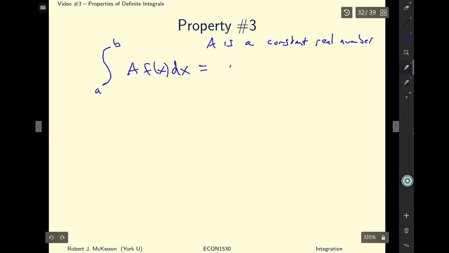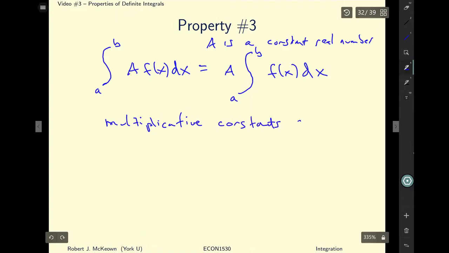Then I can just rewrite this as a times the integral from a to b of f of x dx. And so multiplicative constants can be moved outside the integral. Or I could call it the integrand.